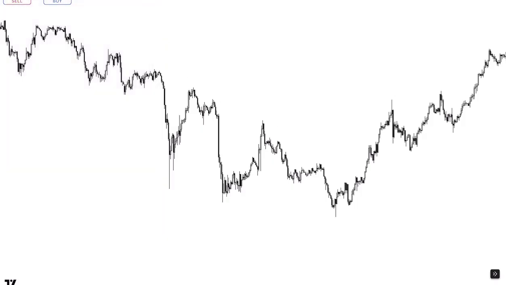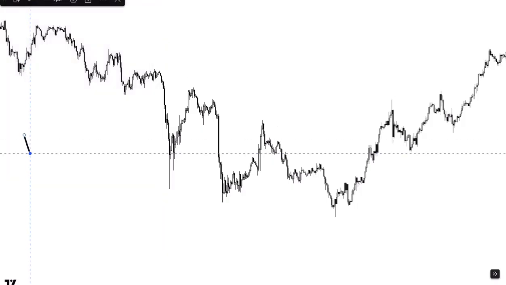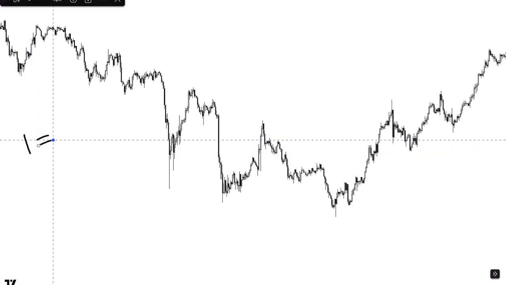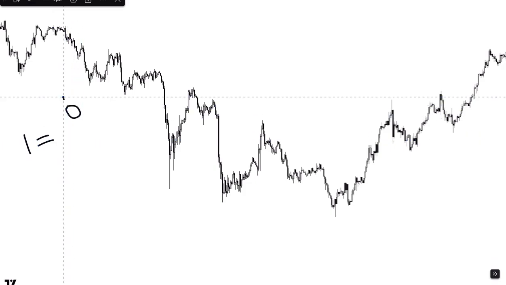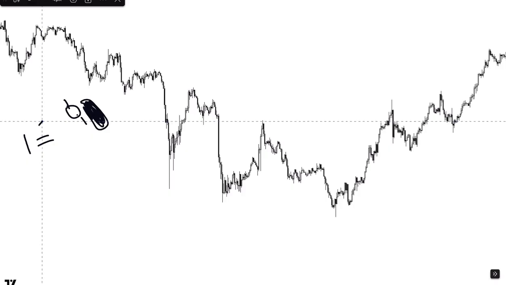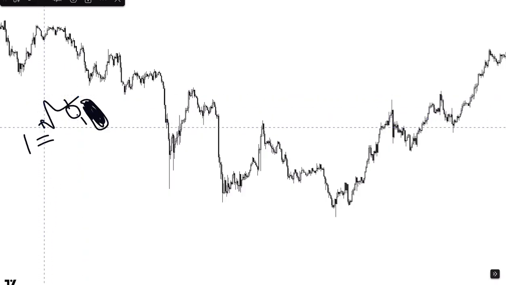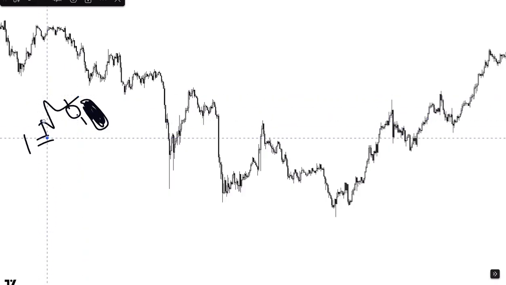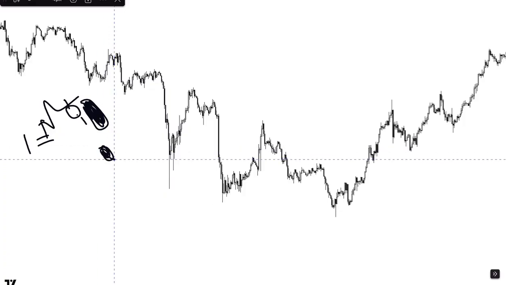Quick summary: model number 1 is, what is it? It's the up close candle that liquidated an old high, closed below, or the down close candle that liquidated an old low, closed above, right?